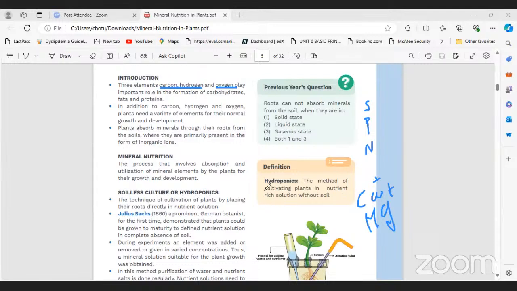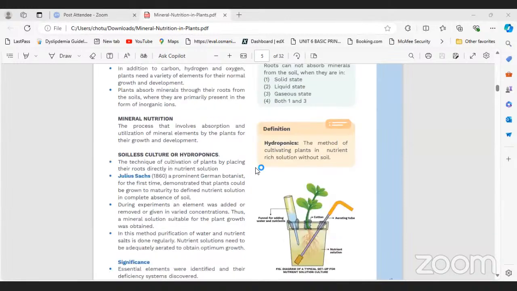Next, the influence of these elements on the osmotic pressure of the plant cell.